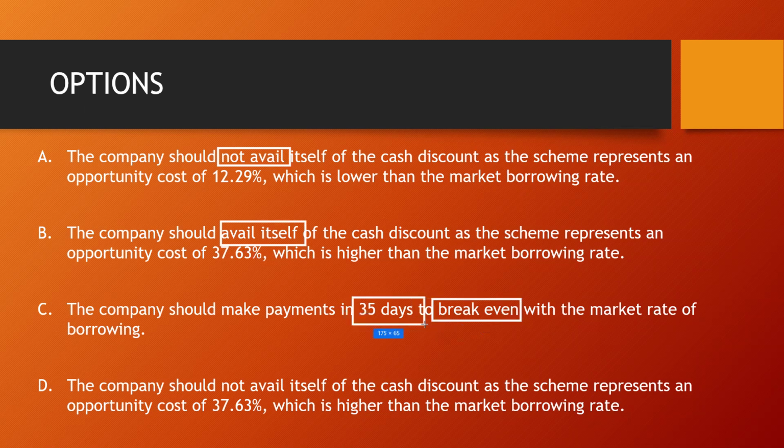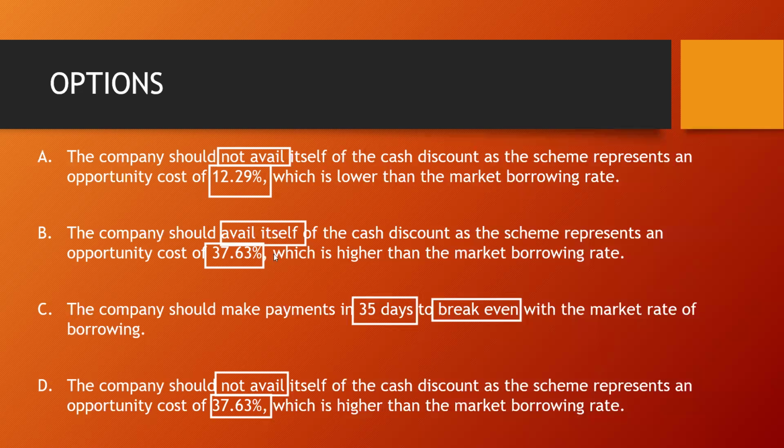If you make the payment on the 31st or 35th day, you get the break even, and not to avail. And more important, the keywords: 12% and 37%, which we need to find using the formula. That's the reason I included them in the key points and tips.